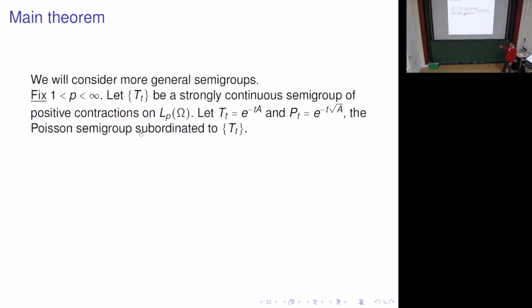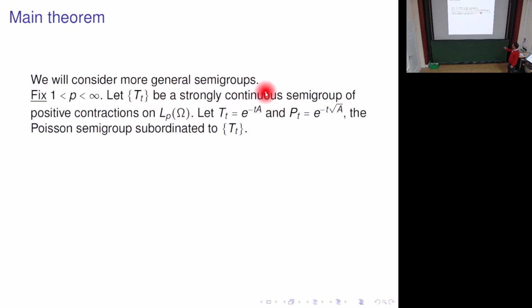In this case, for example, we cannot talk about Markovianity, because if the measure space Omega is infinite, the constant functions are not in L^p. Of course, we cannot talk about symmetry either, because p can be different from 2. If p is different from 2, we cannot consider the symmetry of the operator T_t. So this is a very general situation.